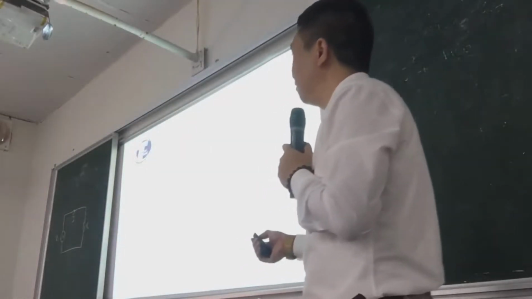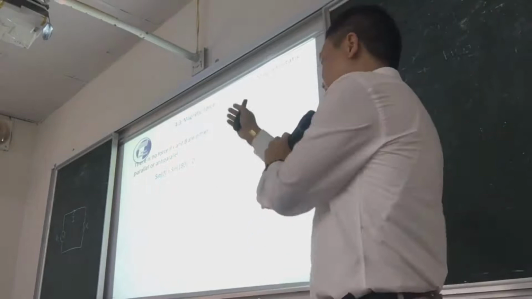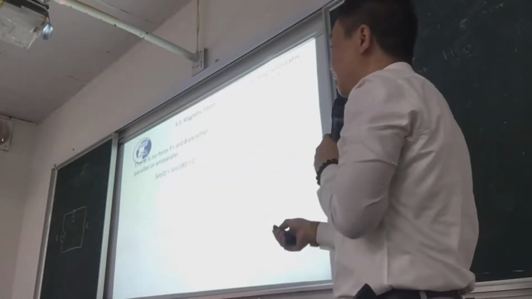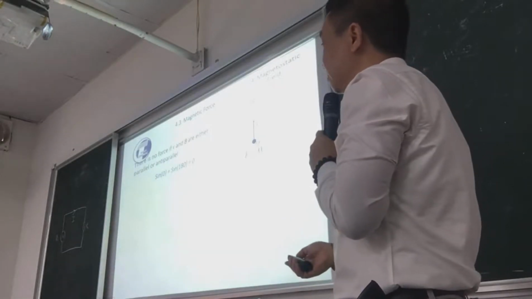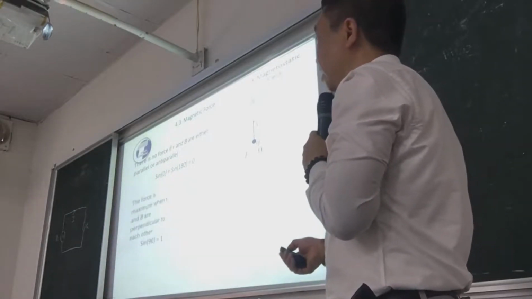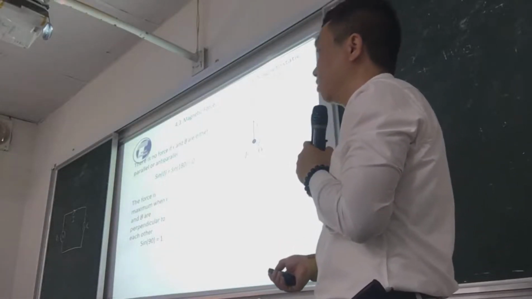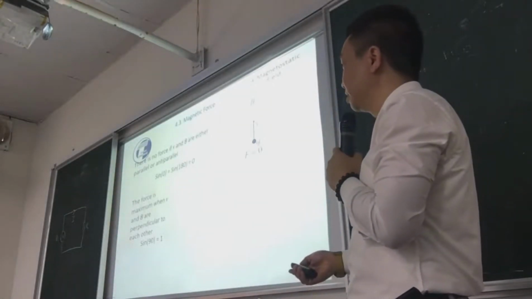If V and B are parallel or anti-parallel, then there is no force. Sine 0 and sine 180 equal 0. And the force is maximum when V and B are perpendicular to each other. Sine 90 degrees equals 1.